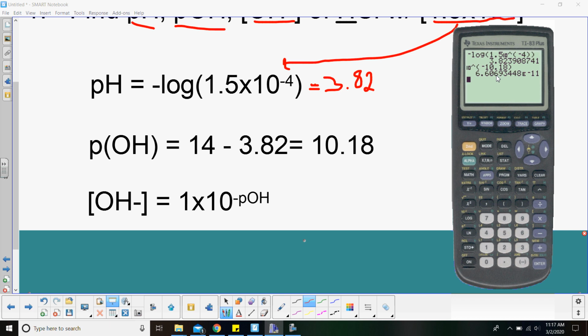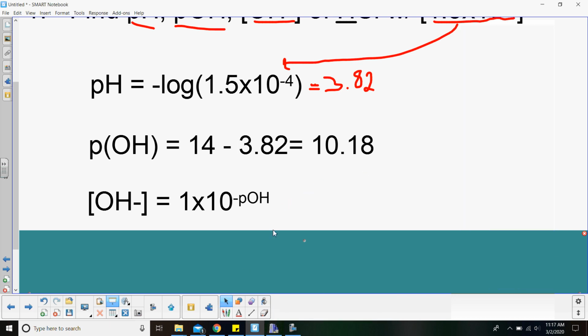Run that to 3 sig figs, it's 6.61 times 10 to the negative 11. Remember that negative e is the same thing as times 10 to the negative 11. So go back down to here.